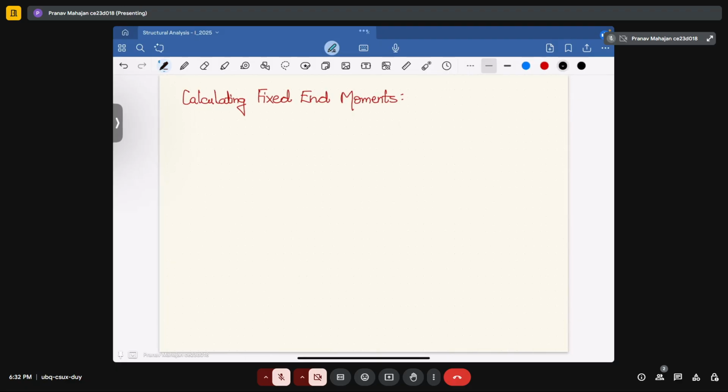So in this, for span AB, how will it look? It will be equal to minus WL square divided by 12, and the value will come out as minus 12 into 5 square divided by 12, and that will be equal to minus 25 kilonewton meter.